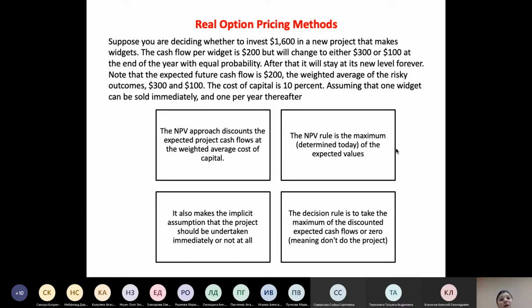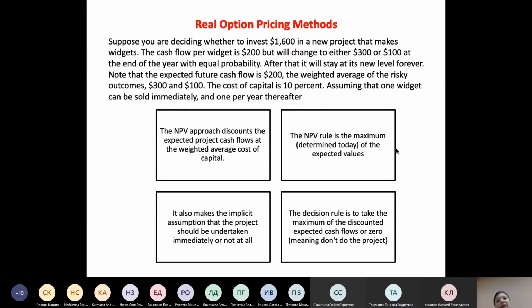Let's suppose we have to invest 1,600 in a new project that makes widgets. It does not mean we produce anything specific, we don't know what. The cash flow per unit is $200.